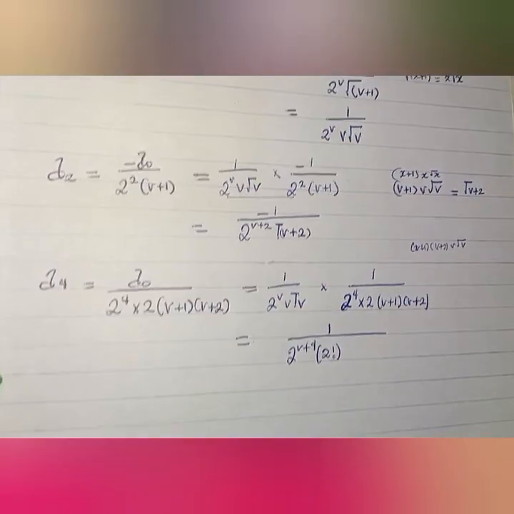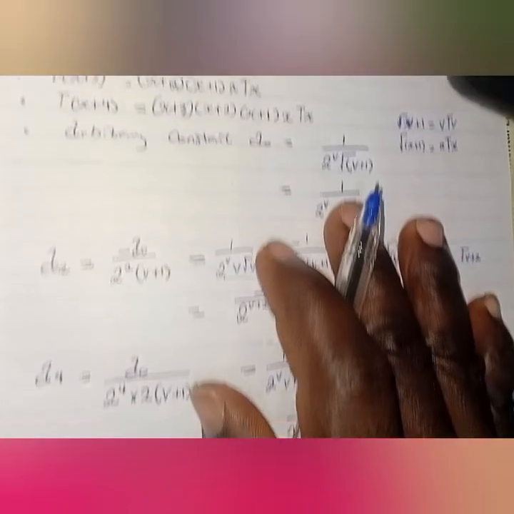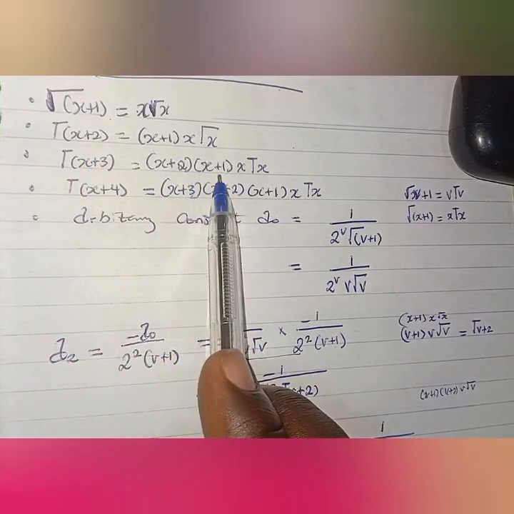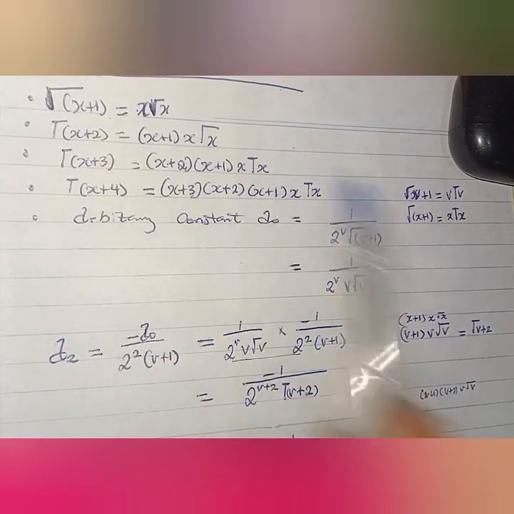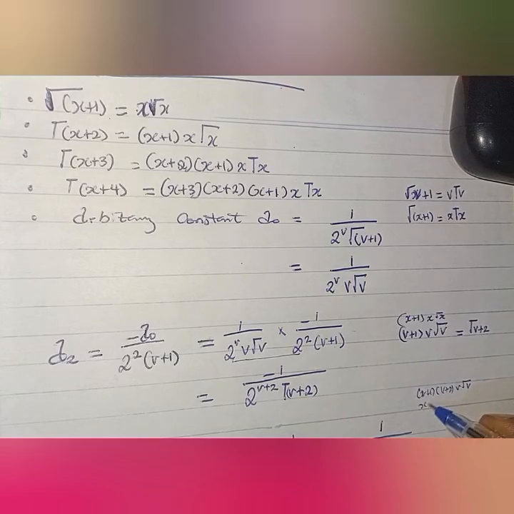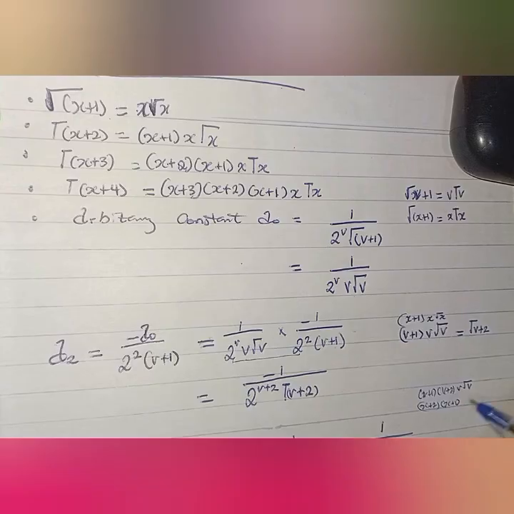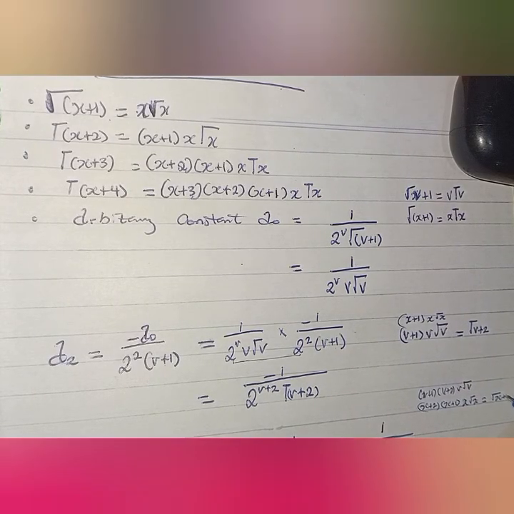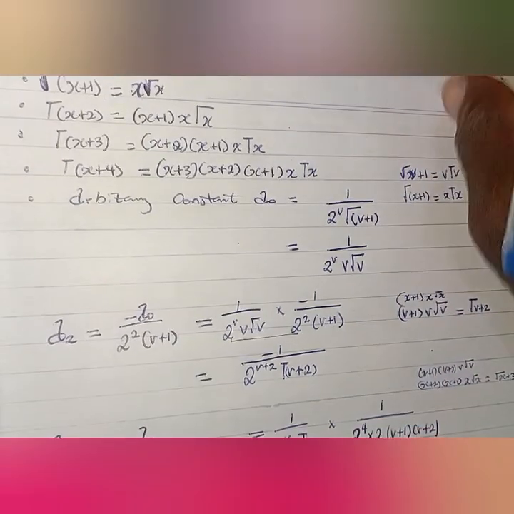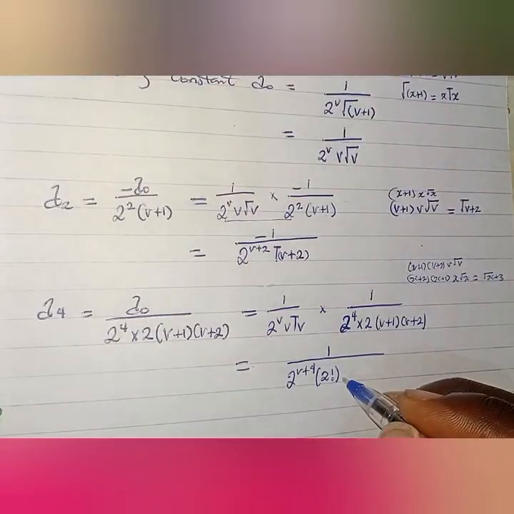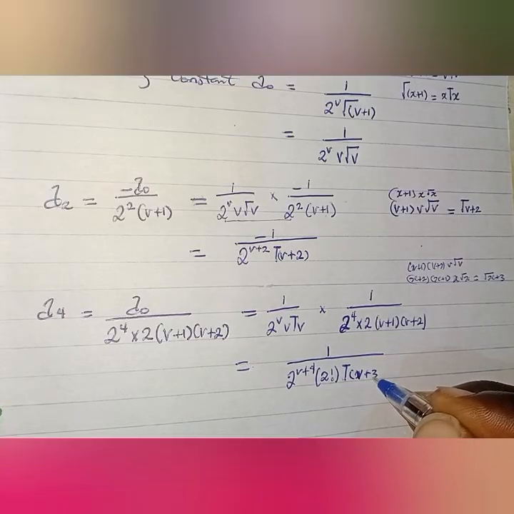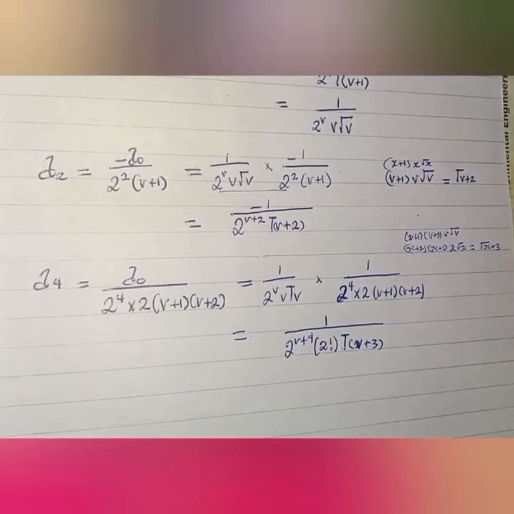We can see that it is the same thing as x plus 2, x plus 1, x gamma x, which gives us gamma x plus 3. So here now we're going to replace it by gamma v plus 3. So this is what we're going to have.